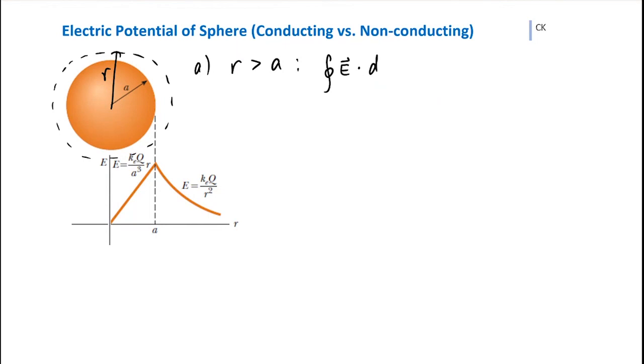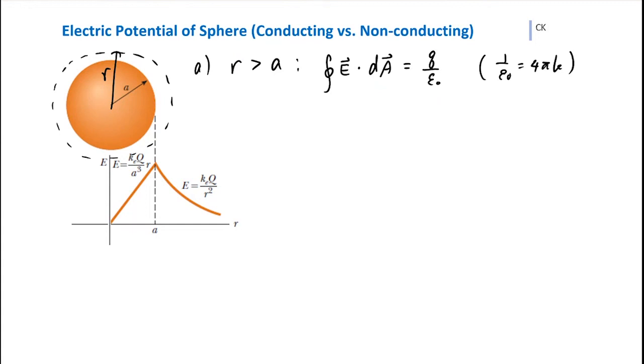Do you still remember this? We called it dA instead of dS. And that's total charge inside over epsilon naught. And remember, let me remind you, this was just 4 pi k.